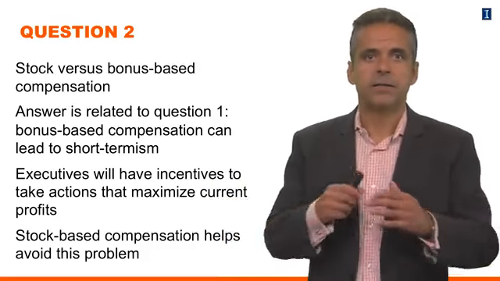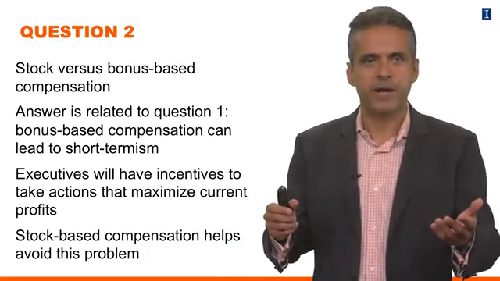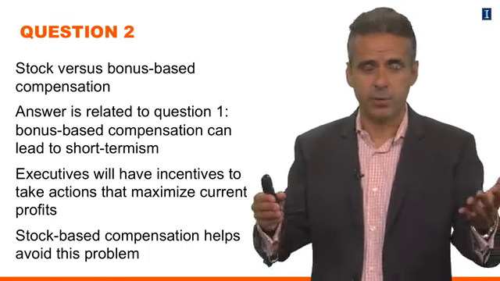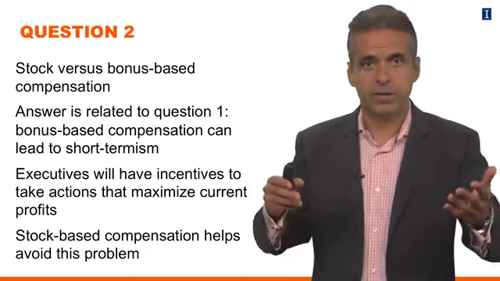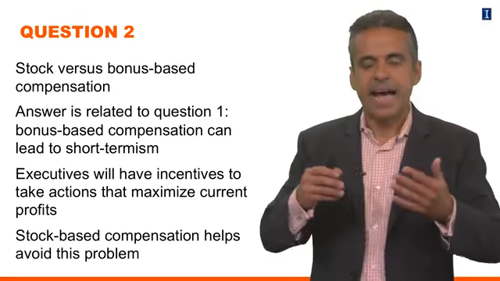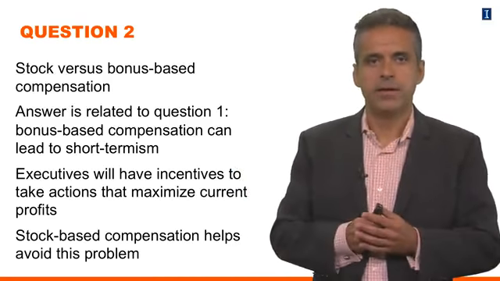So guess what will tend to happen? This will lead to short-termism, right? If you tell executives that they're going to be paid more if current profits are higher, they're going to try to maximize current profits and might take actions that are bad for shareholders in the long term. Okay?